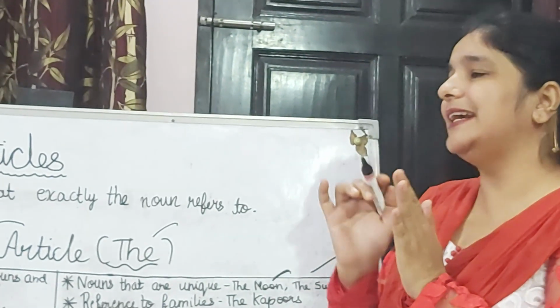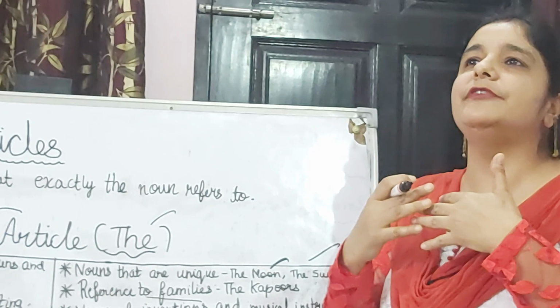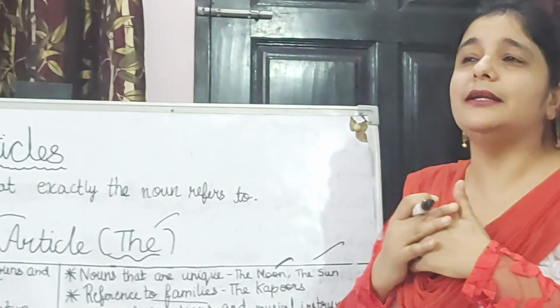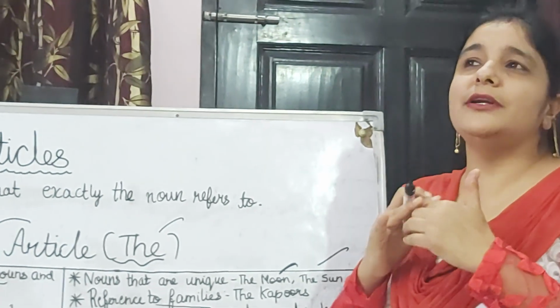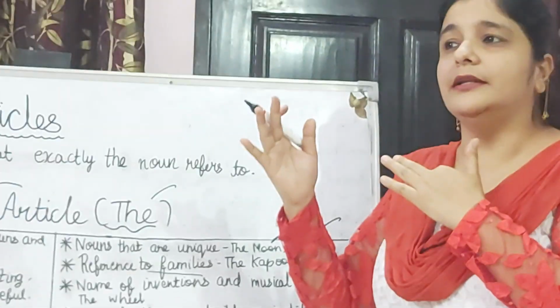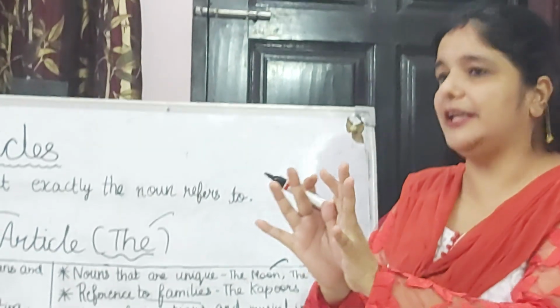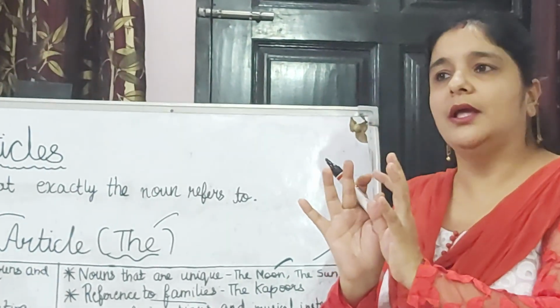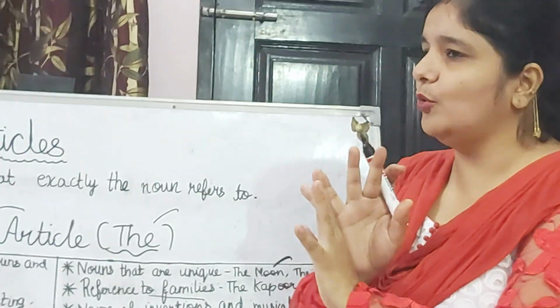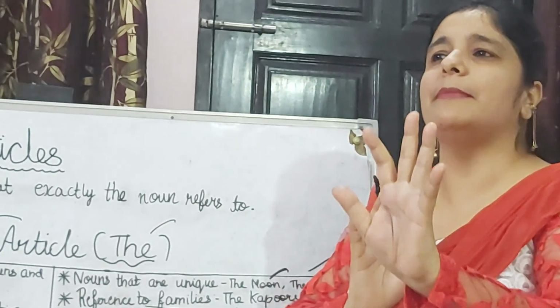Like here we will not write "the children play football" because we say it in a general sense, like children play football. But if I write "the children I know are playing football in the garden," here it has become specific. From the phrase "I know," it becomes specific which children I am talking about.